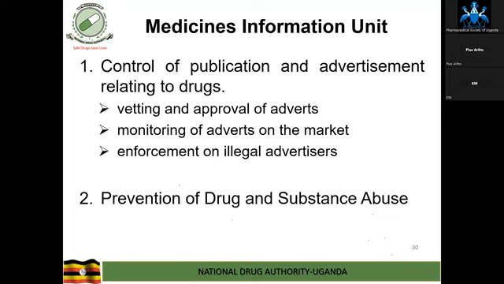I'm sure many of you know what marketeers do. Many of you are probably marketing drugs right now. Most of the things that the marketeers use, the flyers, the literature, these t-shirts, pens, and the like, all those are approved by NDA before they are used.